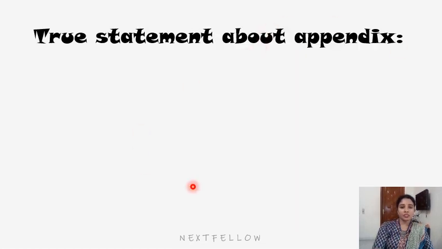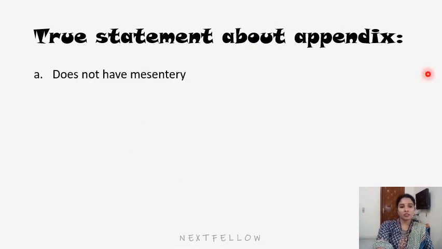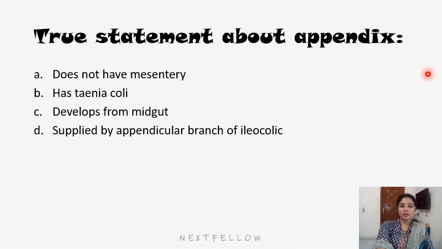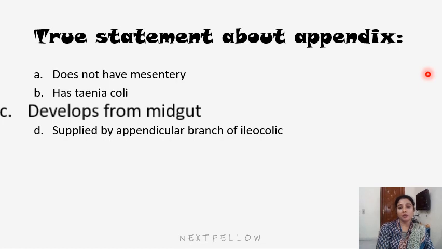So let's see a question now. True statement about appendix: does not have mesentery, has tinea coli, develops from midgut, supplied by appendicular branch of ileocolic artery. So the answer is, we know cecal bud is from the midgut, that is the post-arterial segment of the midgut loop.